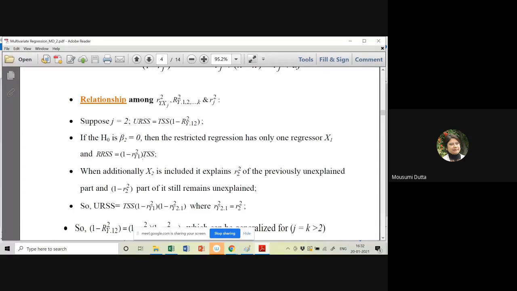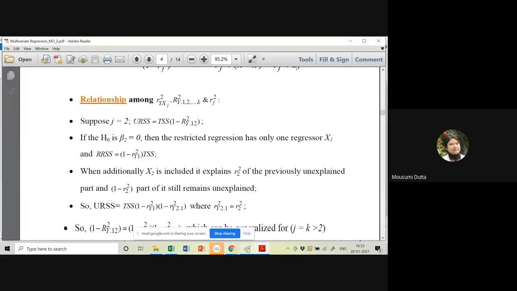Now, when we have only one explanatory variable in the model, this multiple r square can be replaced by a simple r square, and we can write the relation as RRSS is equal to 1 minus the correlation between y and that explanatory variable. It's a simple correlation because we have only one explanatory variable in the model. So 1 minus r square y1 into TSS.